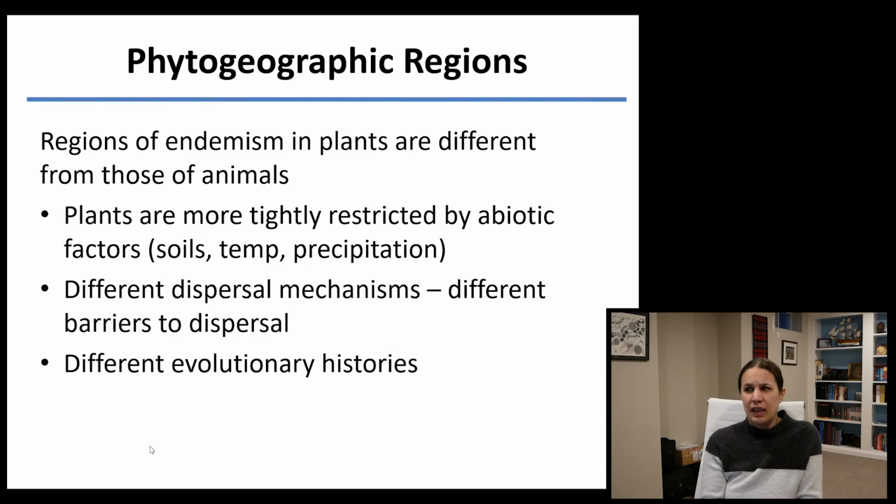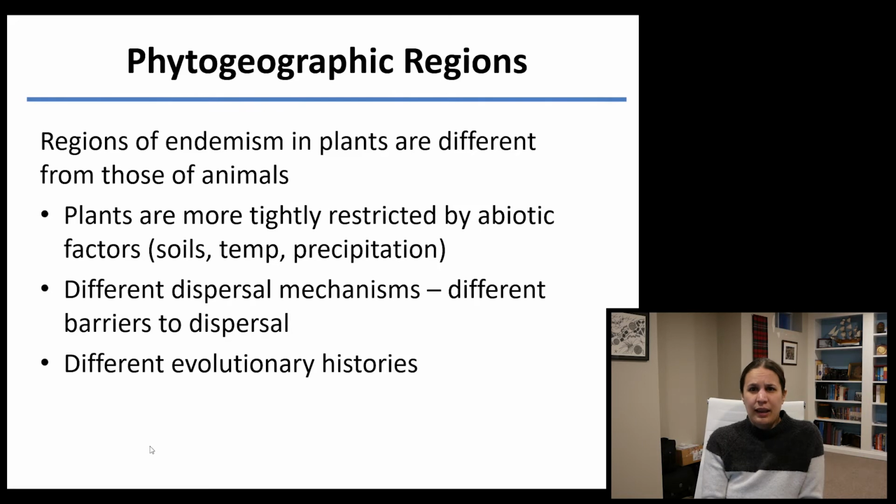So regions of endemism in plants are different from regions of endemism in animals. And there's a few reasons for this. So one is that plants tend to be much more tightly restricted by abiotic factors. So plant species are very tightly controlled. Their distributions are very strongly related to soil conditions, temperature, and precipitation. Animals, you have more potential to see more generalism.